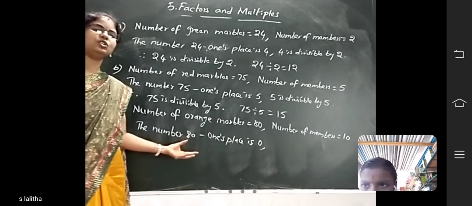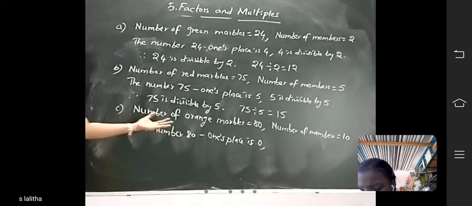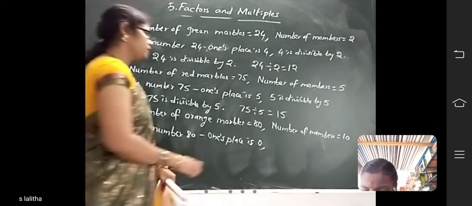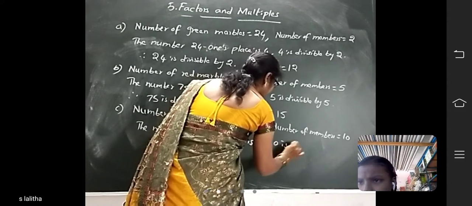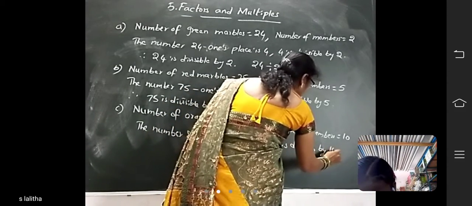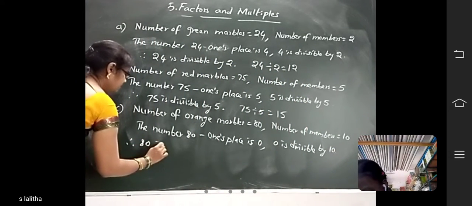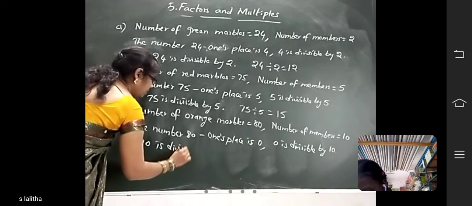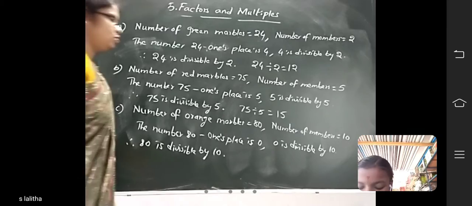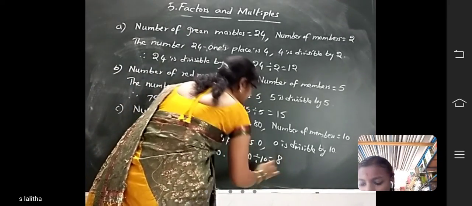The test of divisibility by 10 is that the number having the last digit as 0, those numbers are divisible by 10. So therefore 80 is divisible by 10.